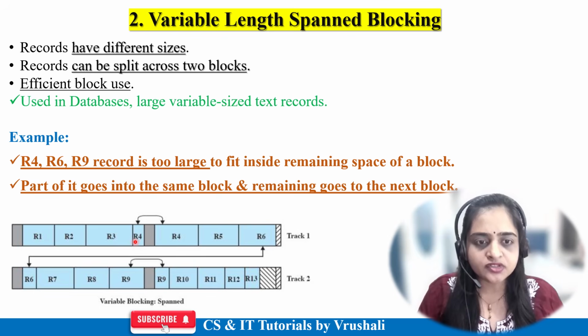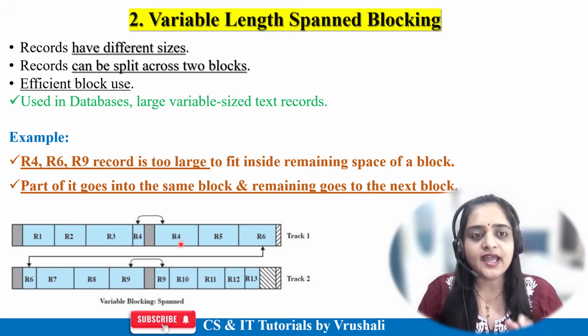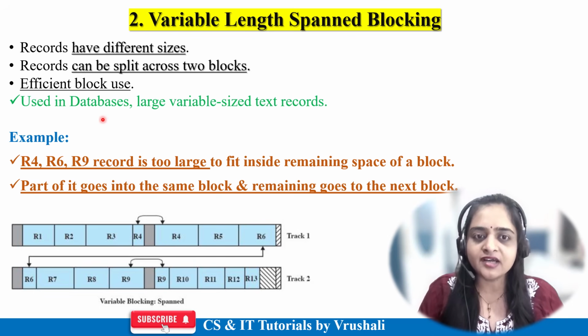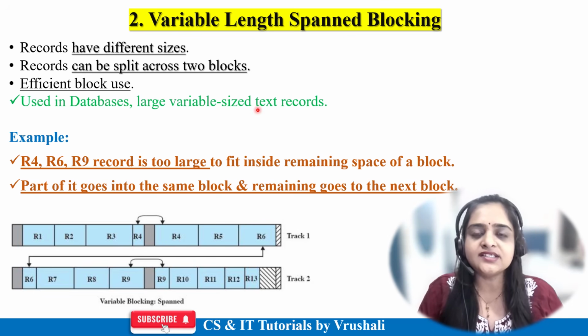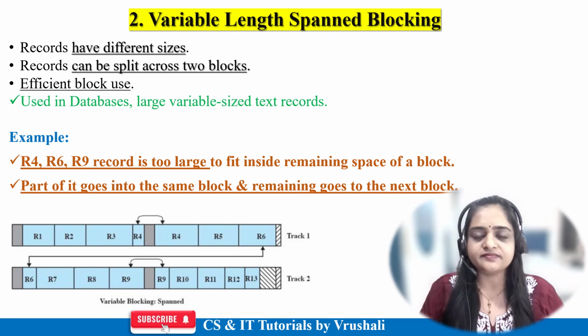R4 is stored here and again stored in another block. So they use the concept of splitting, and this concept is used in databases or where large variable size text records are there. Basically, all the blocks are used efficiently and there is less wastage of memory.